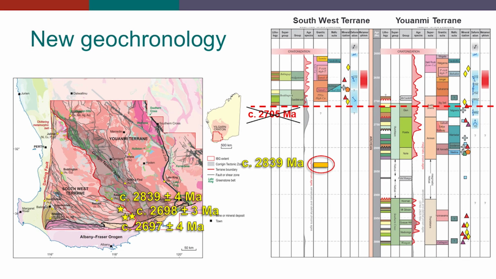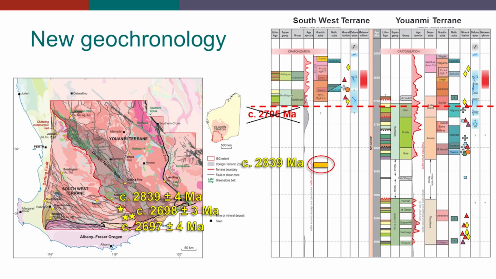So this is the time-space plot that we released at the end of the 2021 AGP program together with this map. And one of the bases for redefining the boundary was that with the available geochronology, the southwest terrane appeared to be much younger than the UNME terrane, with no rocks dated so far older than 2.7 Ga.